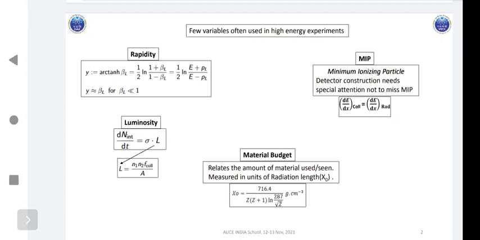Usually these material budgets are represented in terms of radiation length, and the expression is something like this. I'm fairly sure that you are all aware of these four variables, but for the sake of very frequent use in the later part of my presentation, I thought to bring it to your notice early.